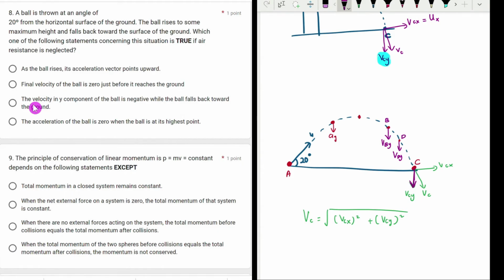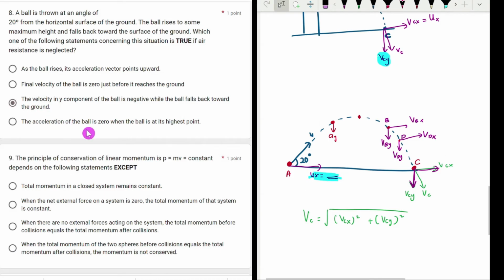The direction of the vertical velocity must be downward, which is negative. But the VBX is to the right, VDX also to the right, and the last one, VCX, is also to the right. So kita recall balik. At any point here, nilai VBX, VDX dengan VCX ni sama dengan nilai UX dekat sini. Boleh? So jawapan yang paling tepat adalah C.